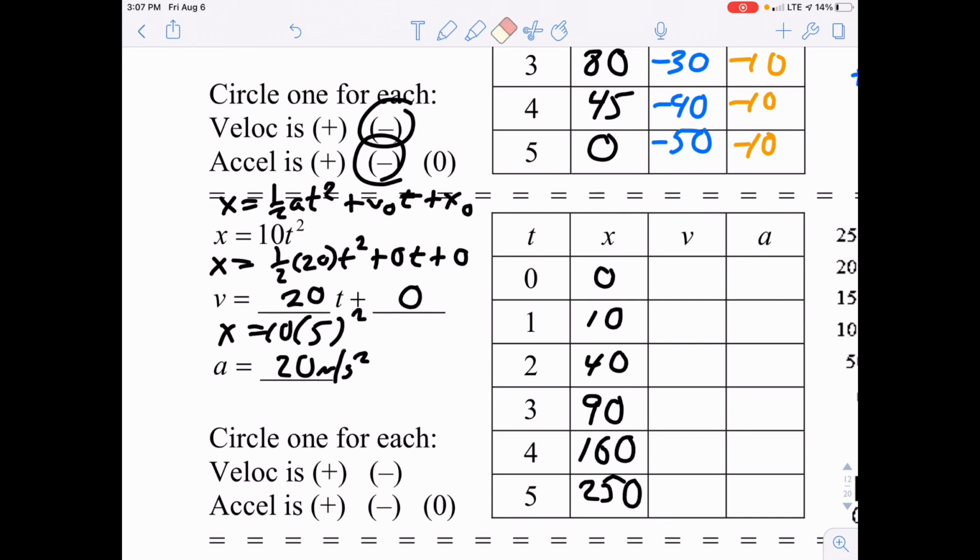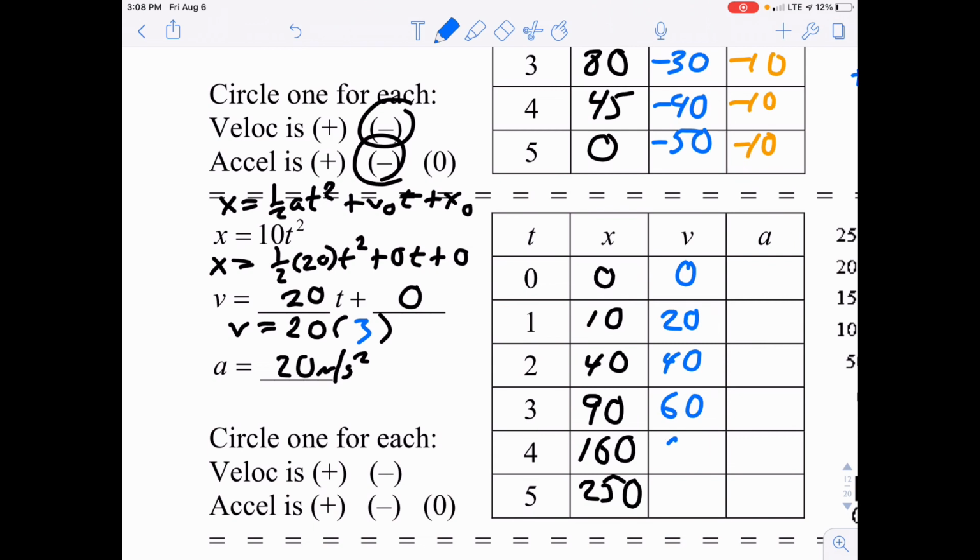The velocity data would be completed by filling out velocity equals 20t, 20 times t. So I'm going to fill in these values. So with time equals 0, velocity 0. Okay, now at 1 second, 20 times 1 would be 20. At 2 seconds, 20 times 2 would be 40. At 3 seconds, 20 times 3 would be 60. And I think you get the pattern. We're increasing by 20 each time.